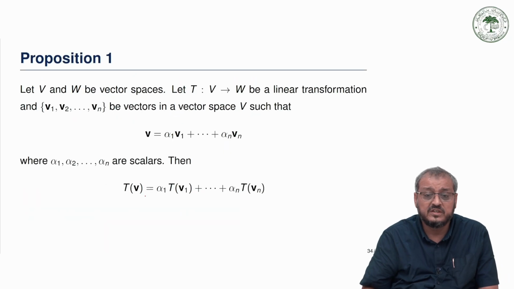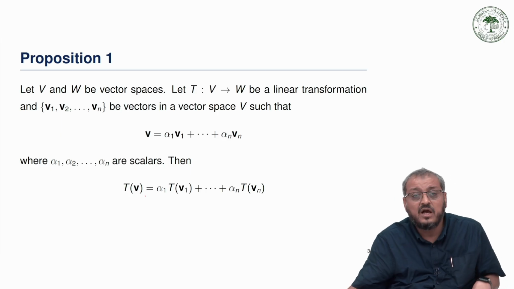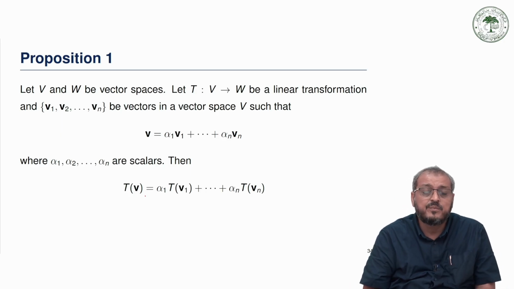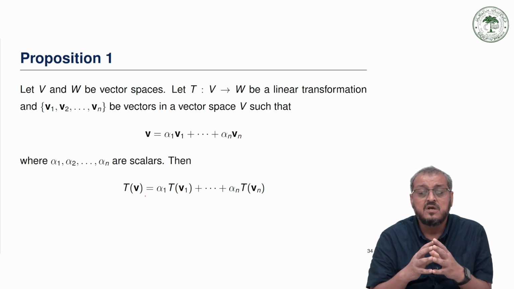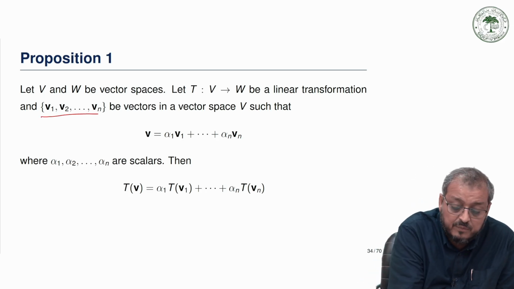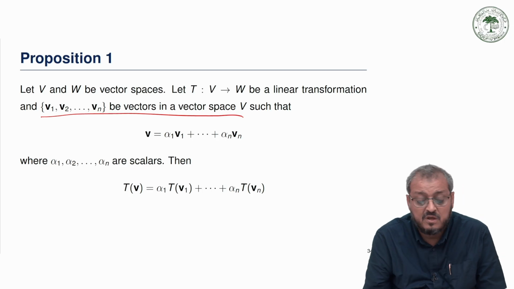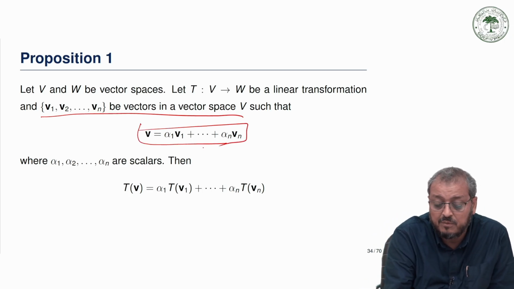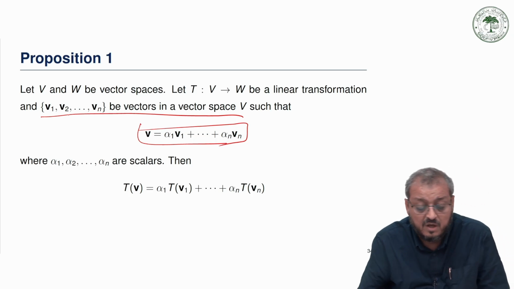Okay, so this way we can say that. Now this result is a very important proposition. In this proposition we take V and W to be two vector spaces, and T from V to W a linear transformation, and we have v1, v2, ..., vn vectors in the vector space V, and we choose any arbitrary vector v that can be written as a finite linear combination of the elements of this set.